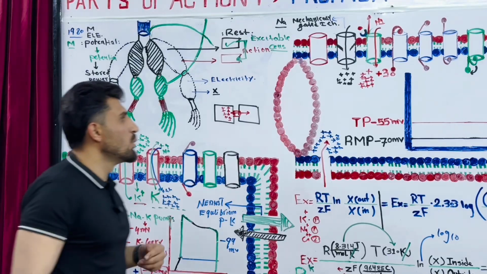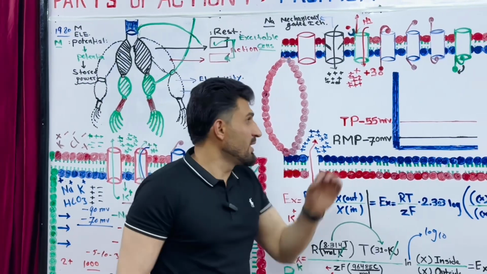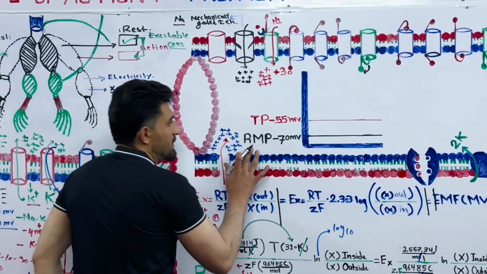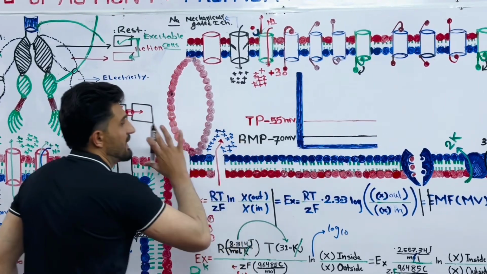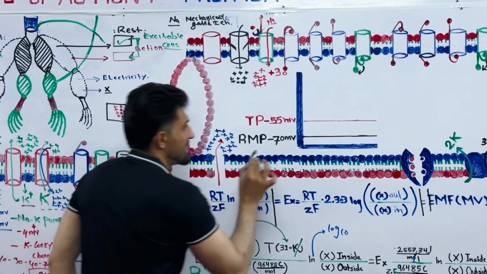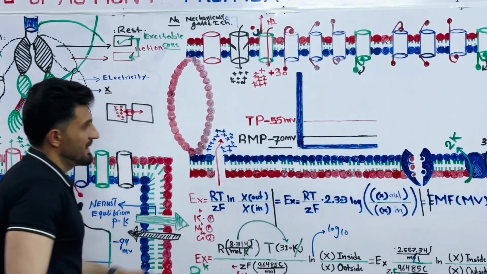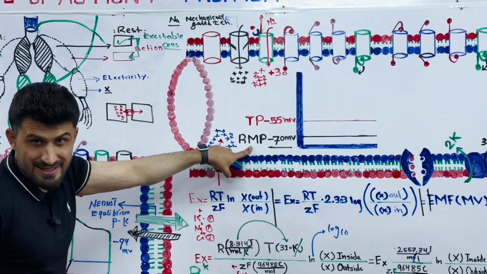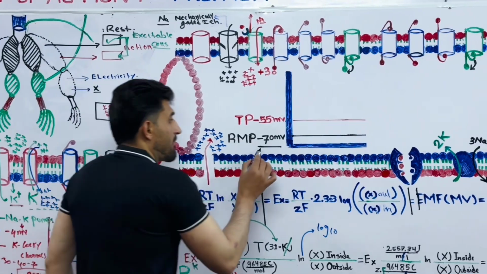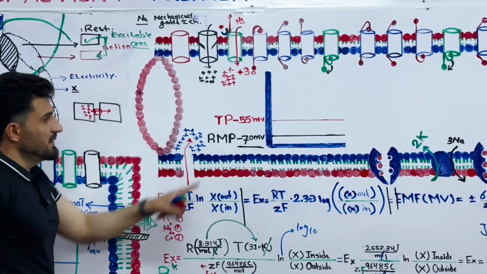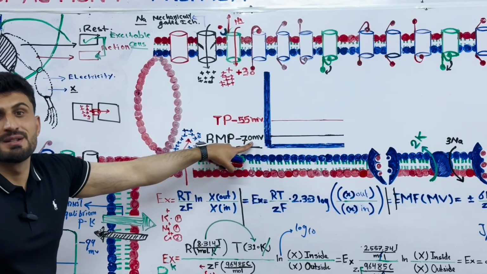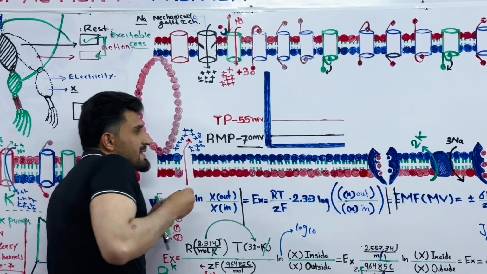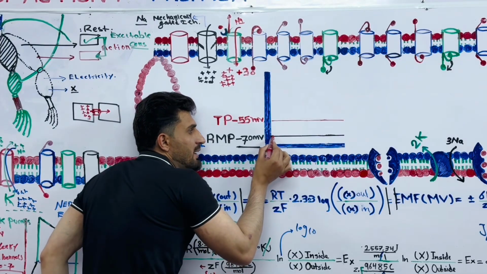Now, what will happen when positive charges enter the cell? Now, I'm at rest. For example, this is a typical neuron. When it's during resting membrane potential, or during resting state, the inside will be negative 70 millivolt. Now, listen to me carefully.